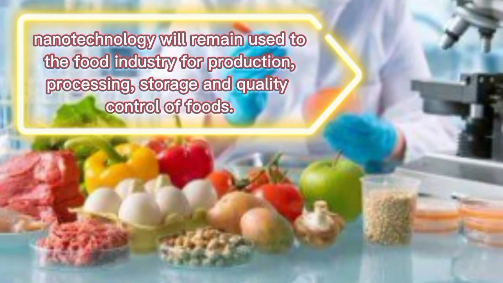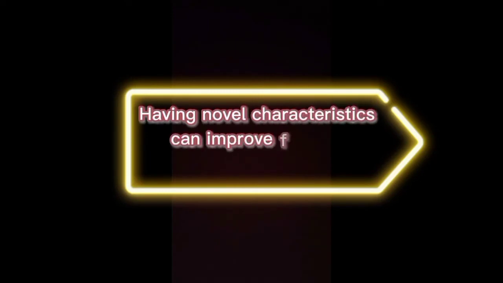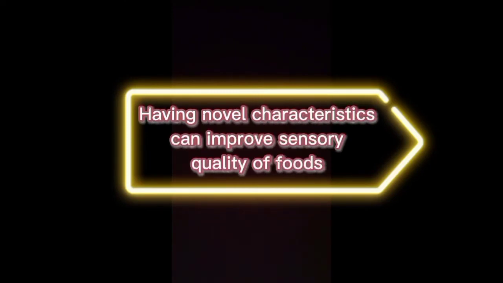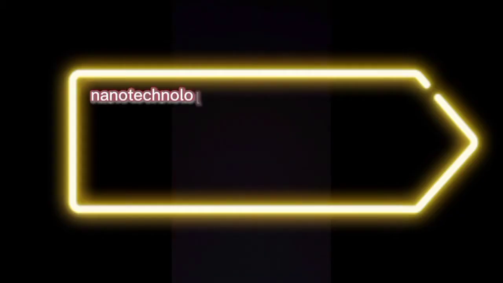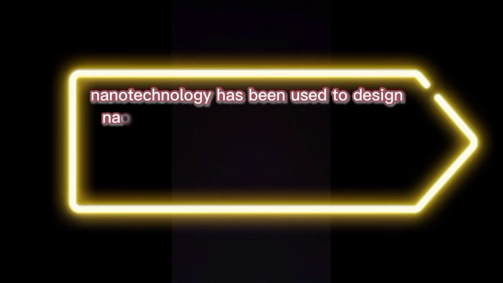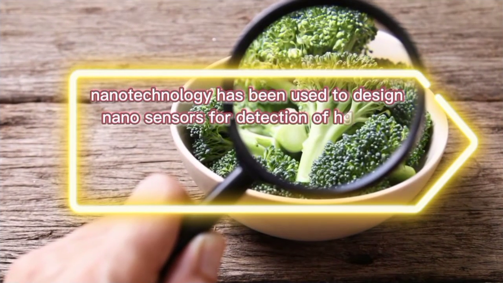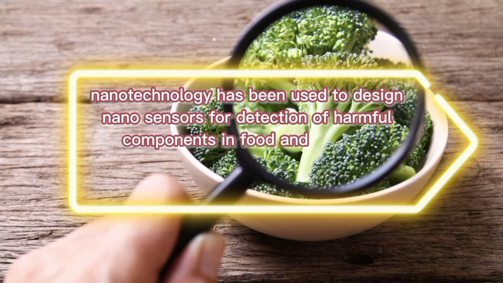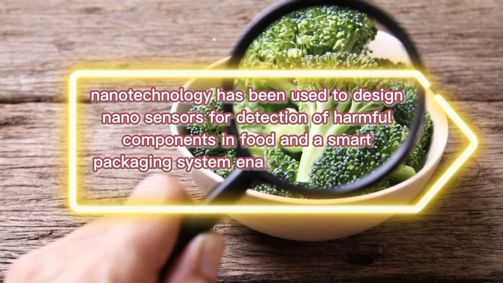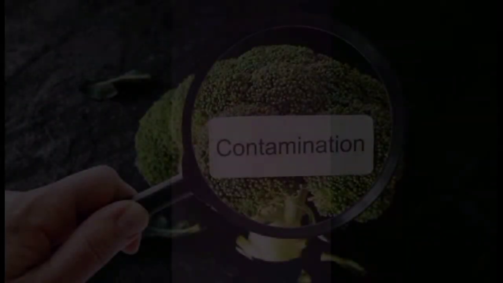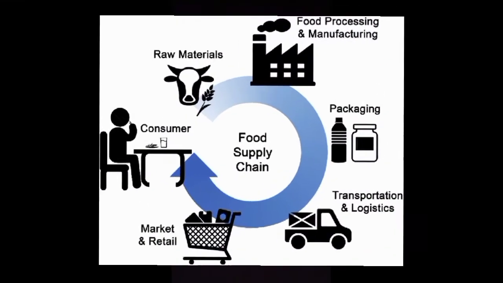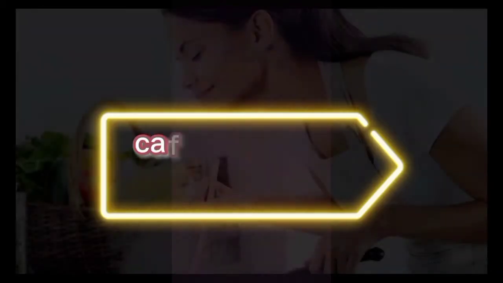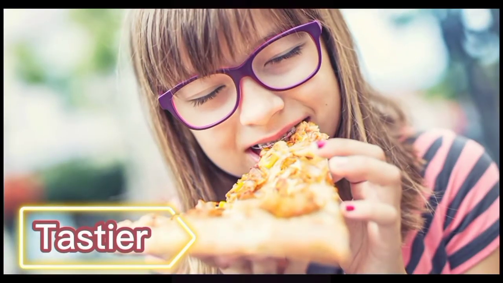Nanomaterials, unlike conventional microscale materials, have novel characteristics and can improve the sensory quality of foods by imparting novel texture, colors, and appearance. Nanotechnology has been used to design nanosensors for detection of harmful components in foods and a smart packaging system enabling recognition of food contamination, and also to monitor the quality and the life of food from manufacturers to consumers. It can also make food ingredients tastier and healthier.